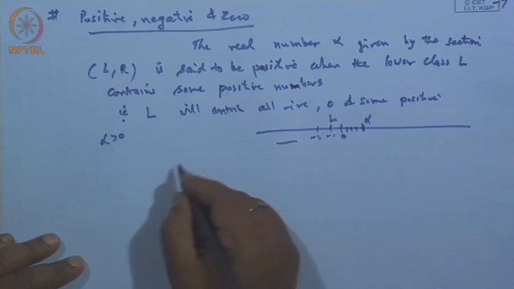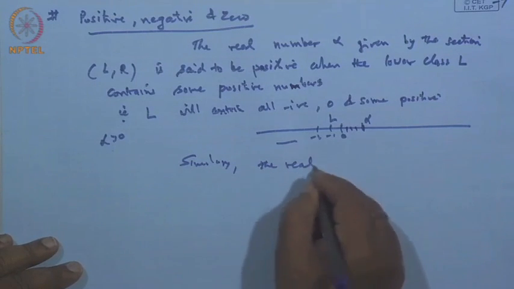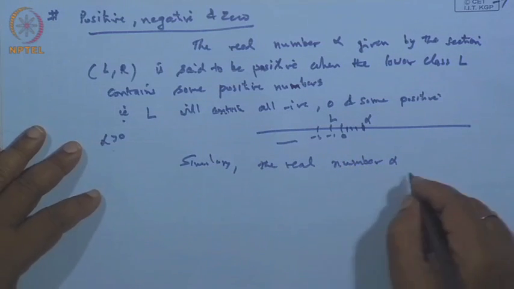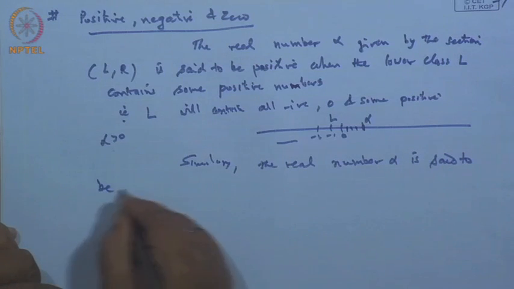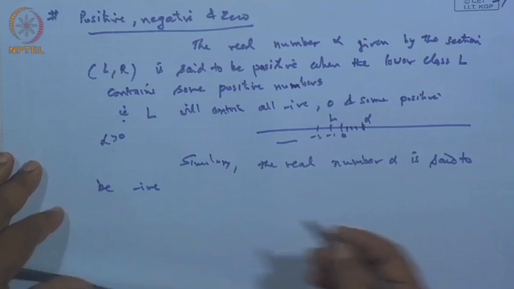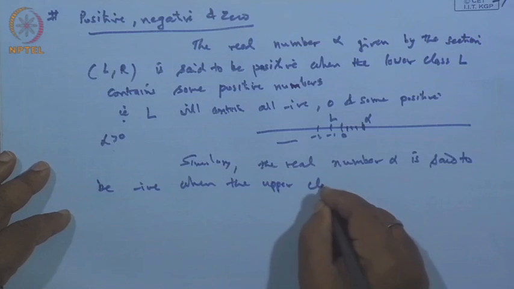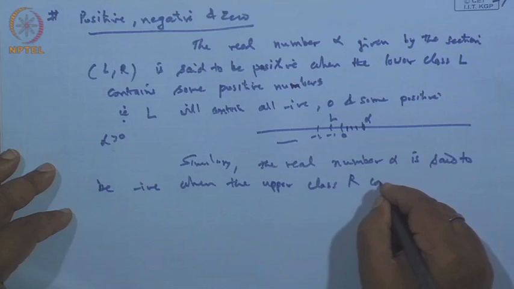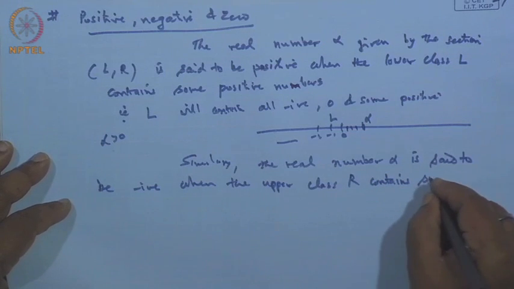Similarly, alpha is negative means what? The real number alpha is said to be negative when the upper class R contains some negative numbers.